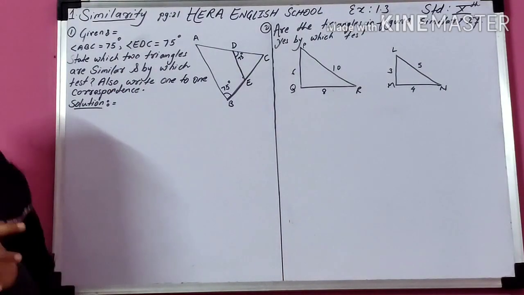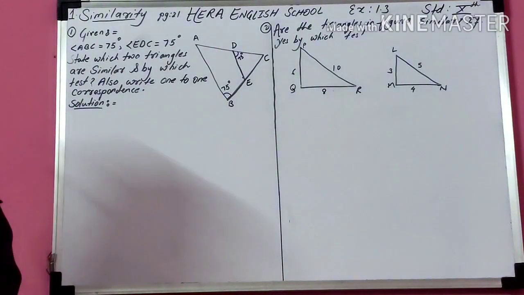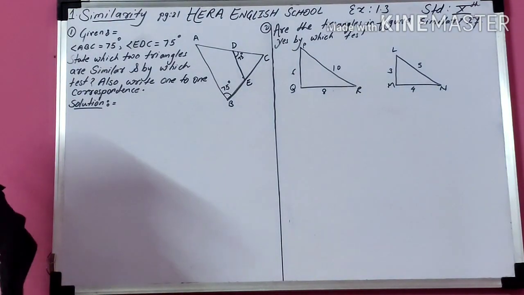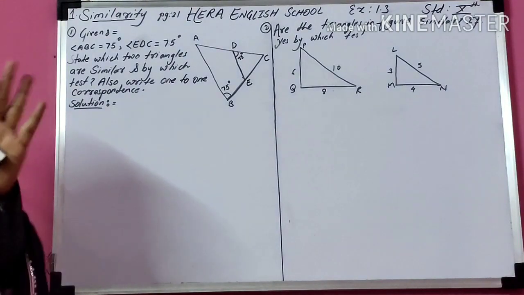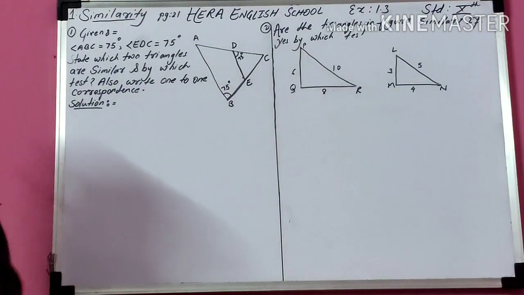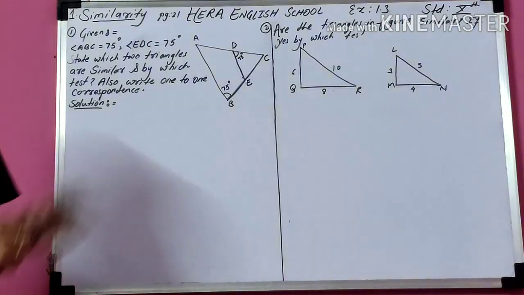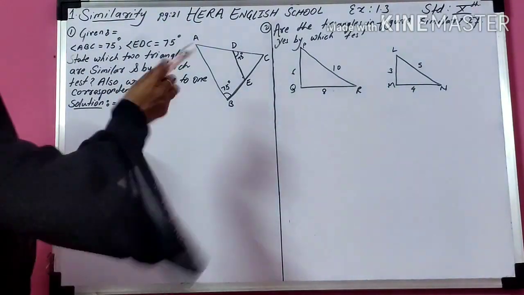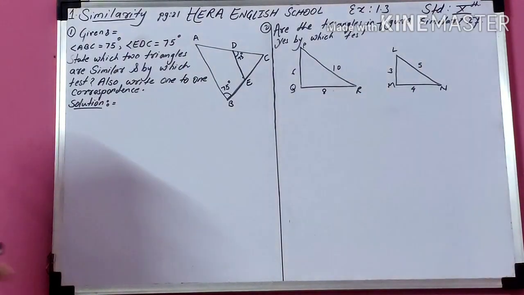Don't think too much about which two triangles are there. In similarity, when you are going to prove whether the triangles are similar or not, first of all you have to focus on which two triangles we have to prove similar.